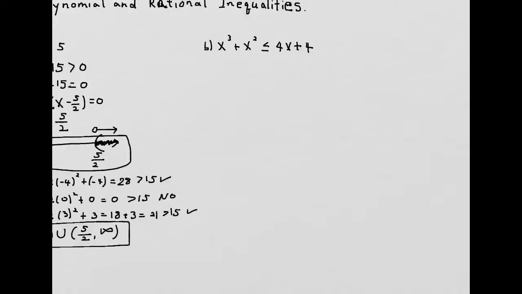So we're moving everything on the right side to the left side, equals 0 on the right side. Once you set everything to the left side and the right side equals 0, now we need to solve as equations so we can find the boundary points.